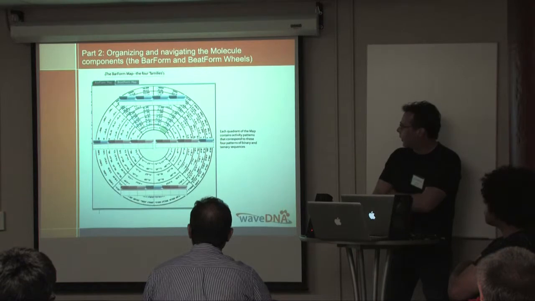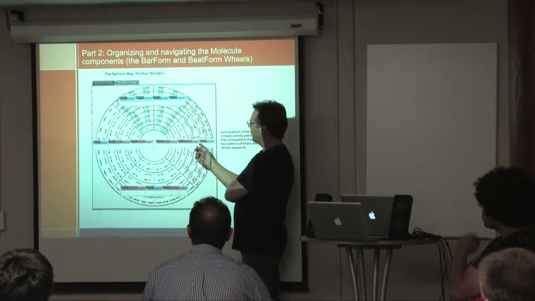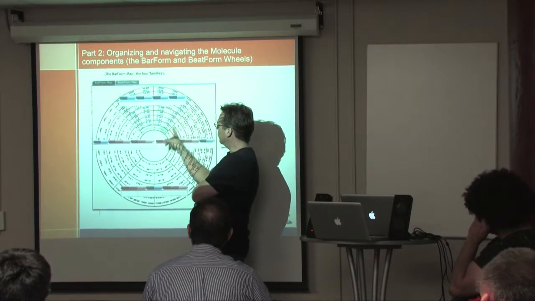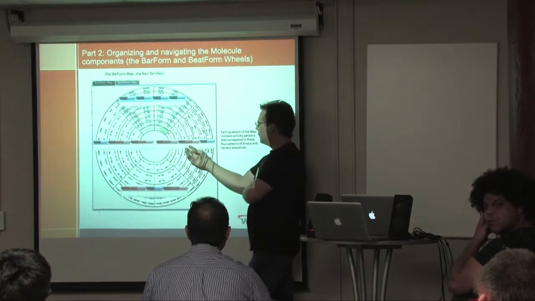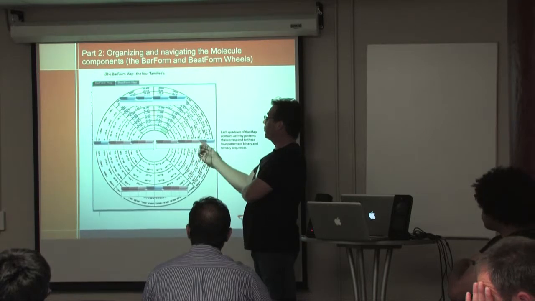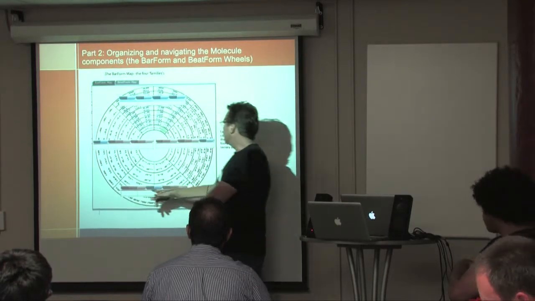So, some features about how those maps are organized. We have family groupings. So if all of the events are just in groups of 2, they occur in this quadrant of the bar form wheel. If they come in activations of groups of 3 and a group of 2, then they're in this quadrant, and so forth for the other quadrants.